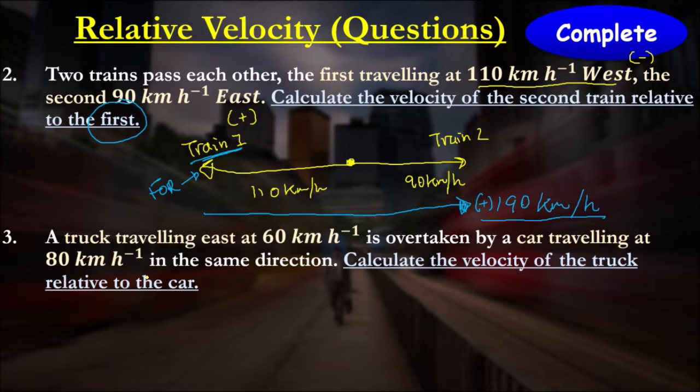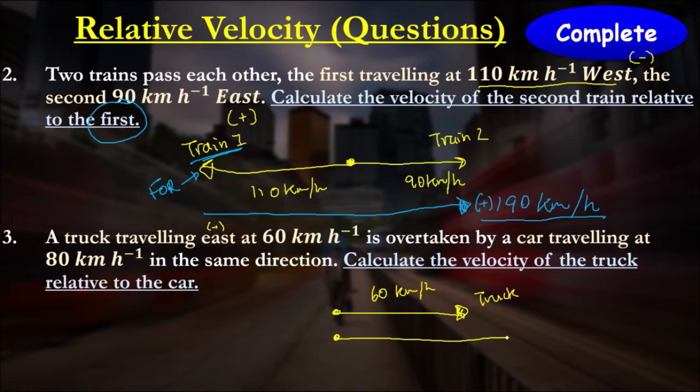Okay, the next set of questions, sorry. A truck is traveling east at 60 kilometers per hour. Let's say that's the positive direction. So our truck is traveling at 60 kilometers per hour east, and is overtaken by a car traveling at 80 kilometers per hour in the same direction.